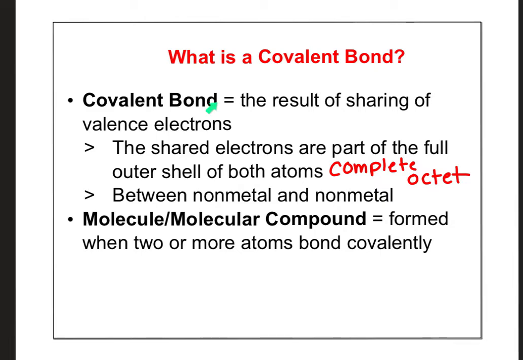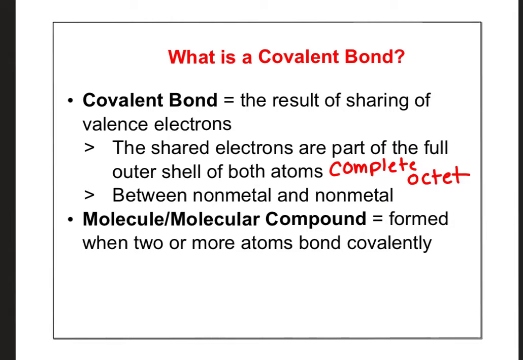So remember, a covalent bond is going to form when two elements share their valence electrons, and those shared electrons become part of the full outer shell for both atoms. And a good vocab word is a complete octet or a full octet. So when both atoms are sharing their electrons, those shared electrons are part of both elements, making them all feel like they have a complete octet or 8 valence electrons.